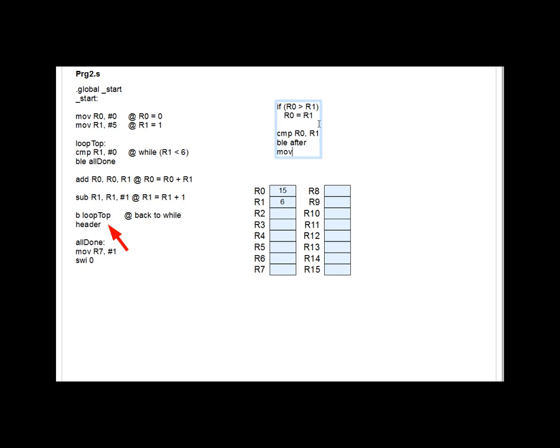The body itself is a move R0, R1, and then we will need that after label to be before whatever code follows. And again, it's sort of a negative test. We ask if the if case is false, if R1 or R0 is less than or equal to, and we branch around in that case. Otherwise, we fall through and do the if.